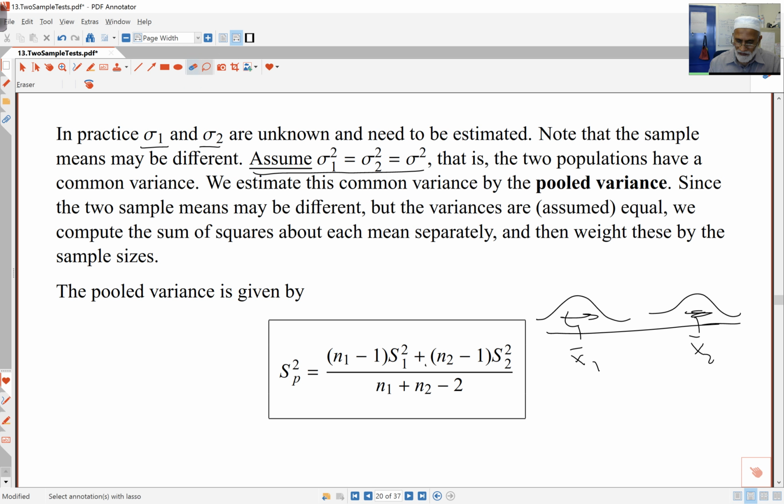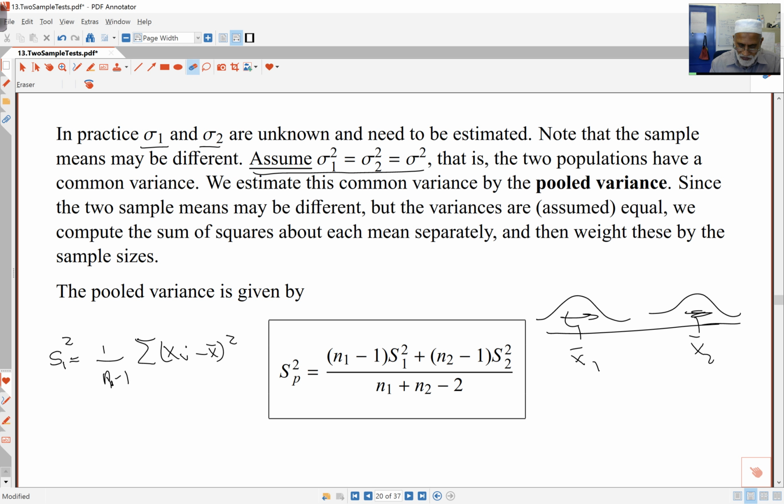If you remember the variance formula we had earlier for a single sample, s squared was 1 over n minus 1 times the sum of the xi minus x bar squared. So this is my first sample, that's n1 minus 1.